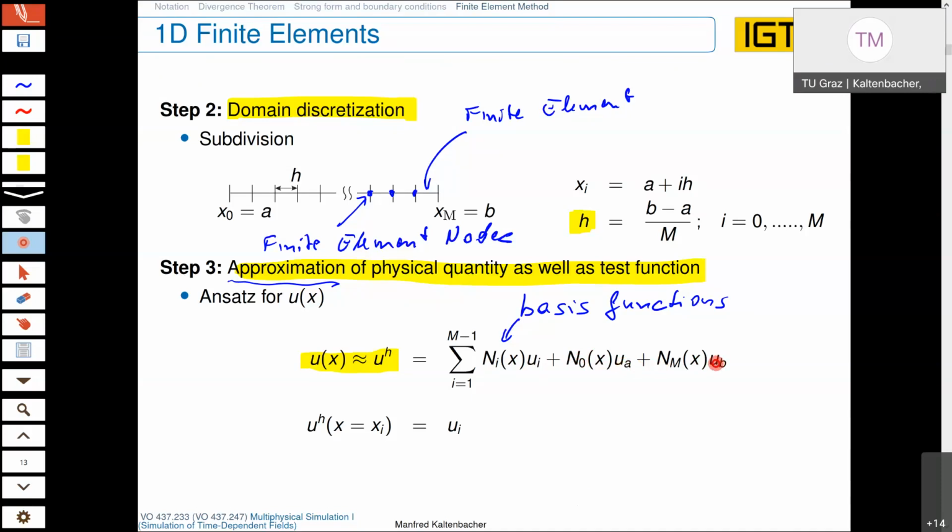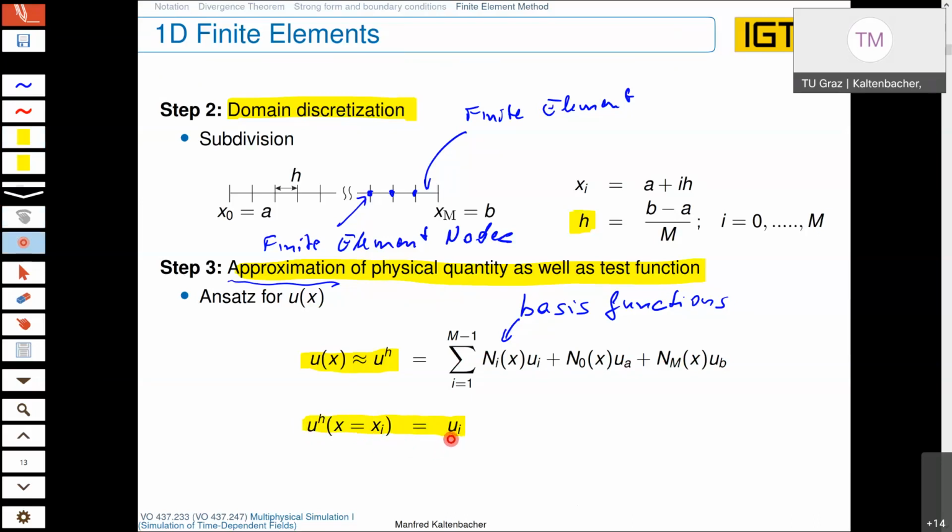In order that this ansatz can be done, we need this property, which means that when you evaluate your discrete solution at a finite element node, then you want to get out exactly there this ui.